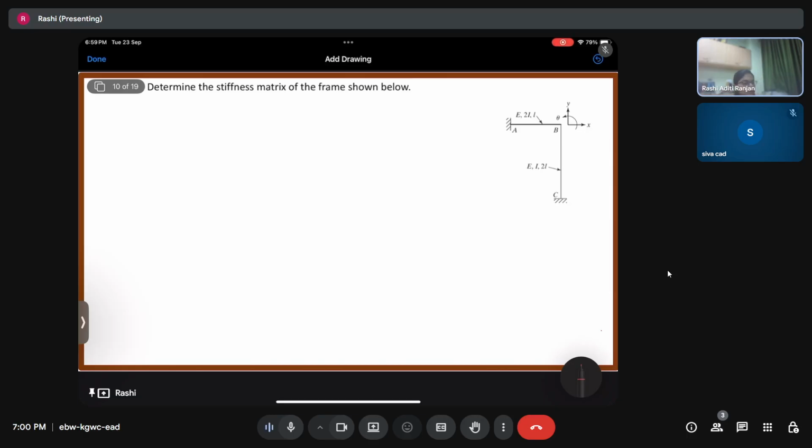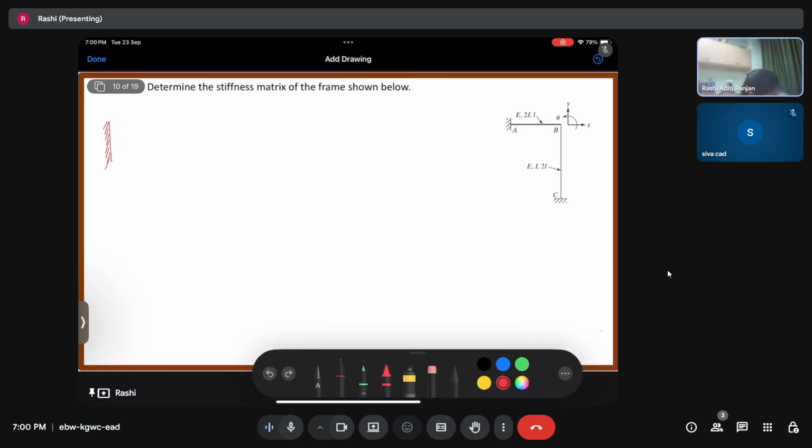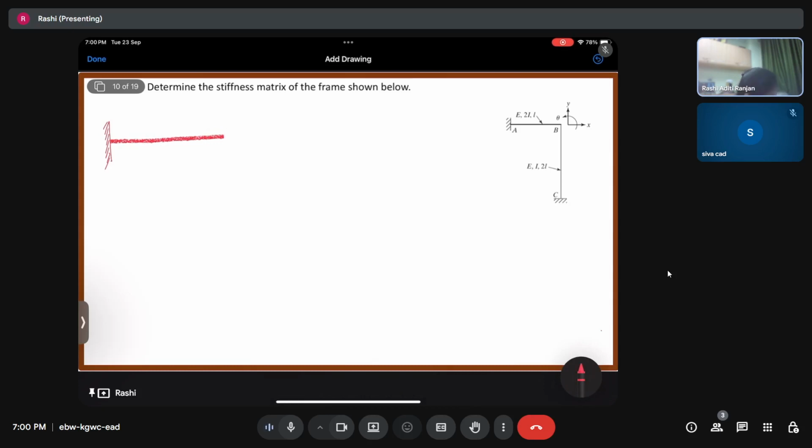Okay, so see, for any beam which is fixed at a point, it is free from one end. We have something like this.